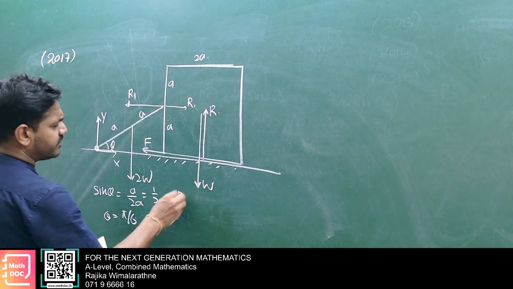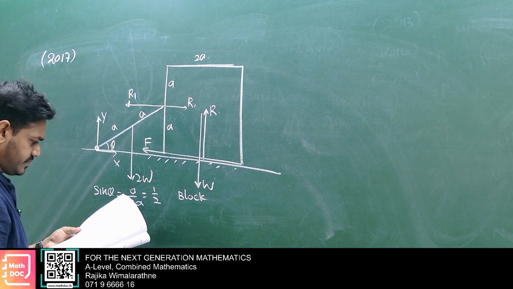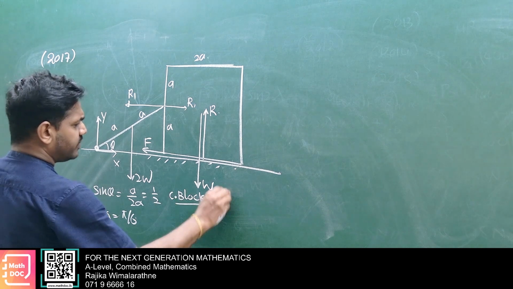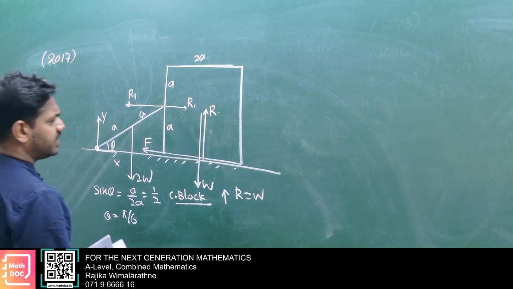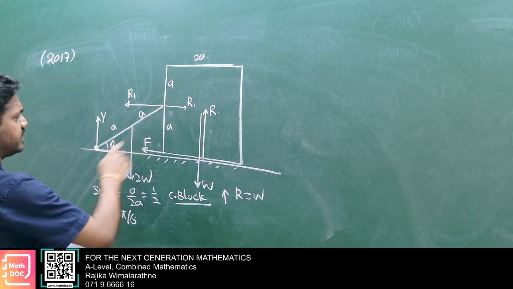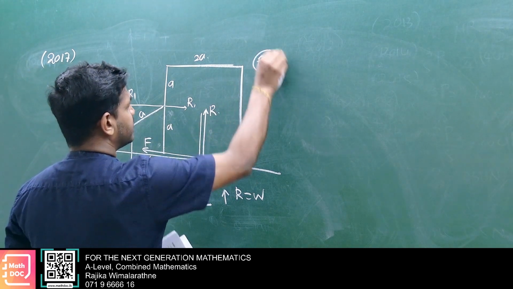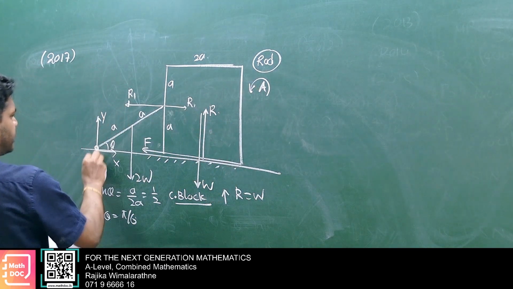Then consider the block, the cubic block. Vertical forces: R equals W. Then to find F, we need to get R1. Then consider the rod. Take moment about A.